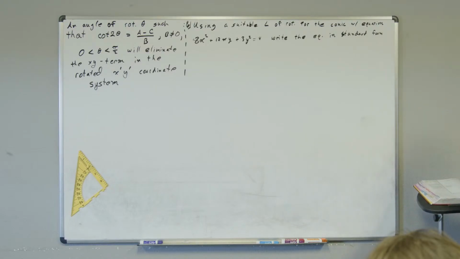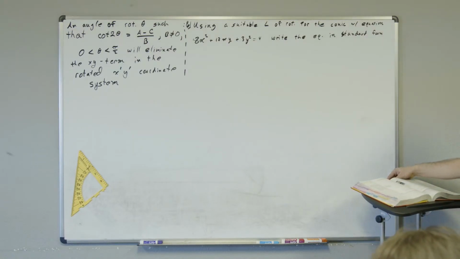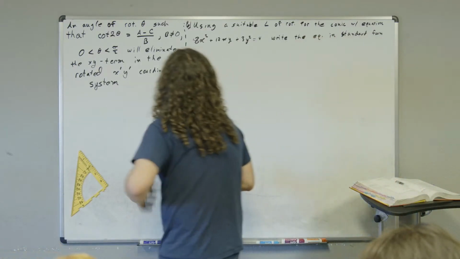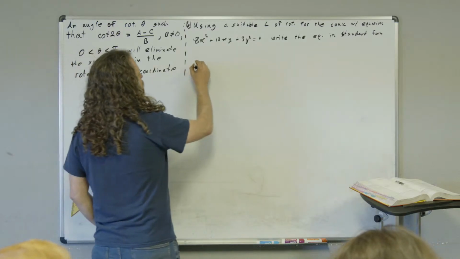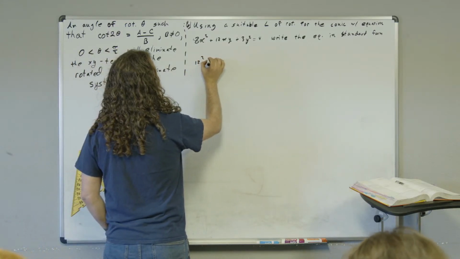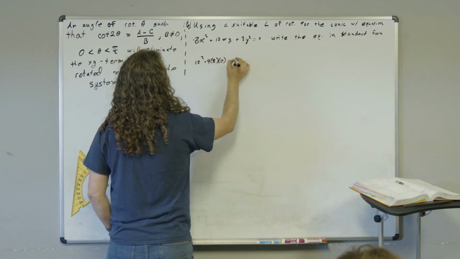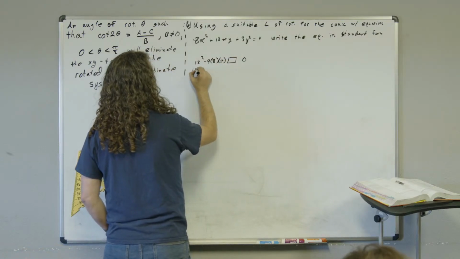Okay, so let's start by figuring out what kind of shape this is. How do we do that? It's not a parabola. We can use the formula. Use that b squared minus 4ac: 12 squared minus 4 times 8 times 3. 12 squared is 144.